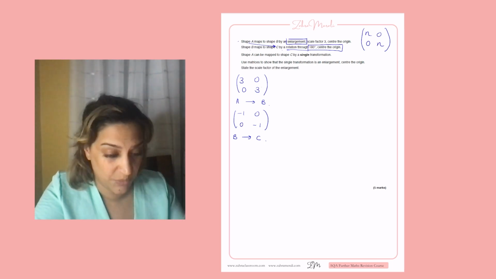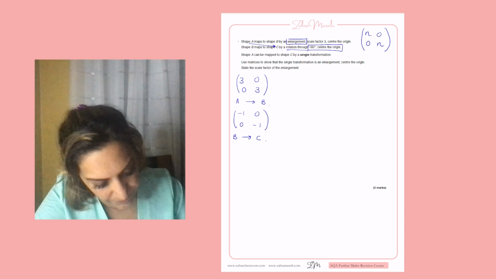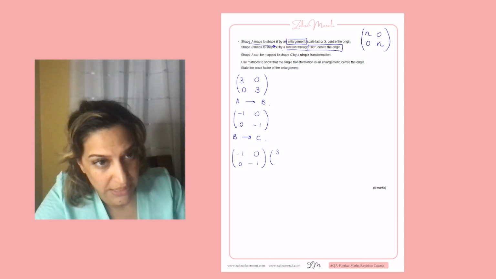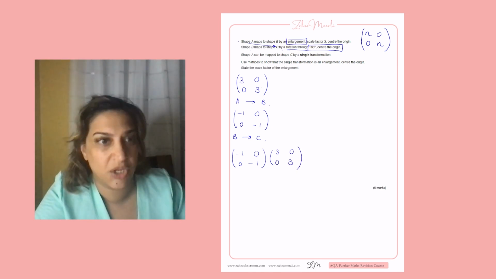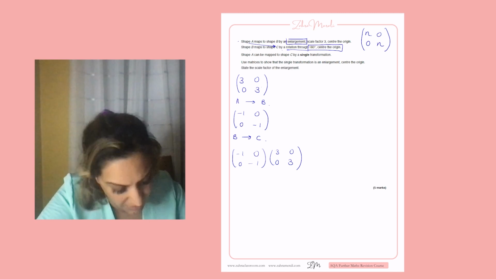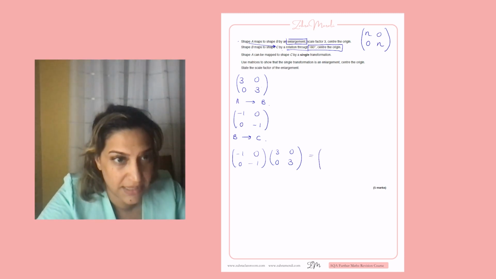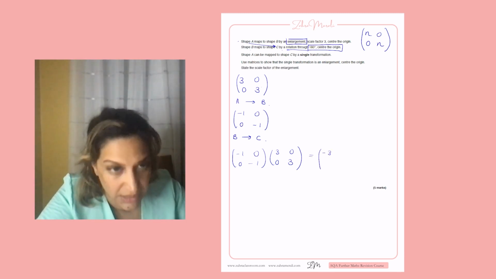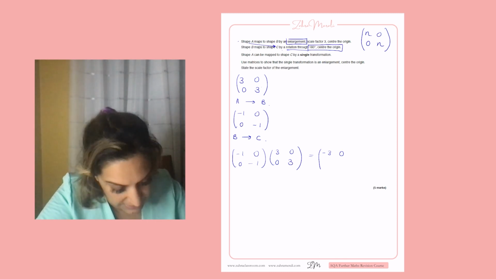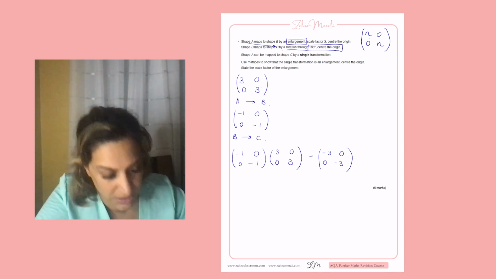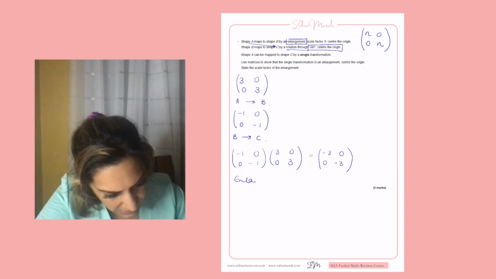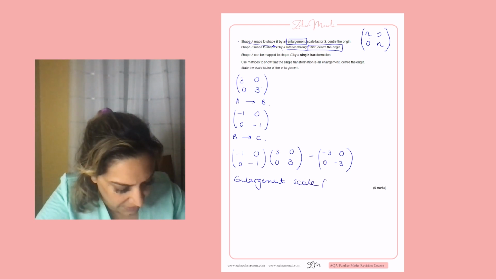Remember, it's the second one and then the first one. [0, -1; 3, 0]... When we multiply them together, we're going to get [-3, 0; 0, -3], which is an enlargement, scale factor -3.